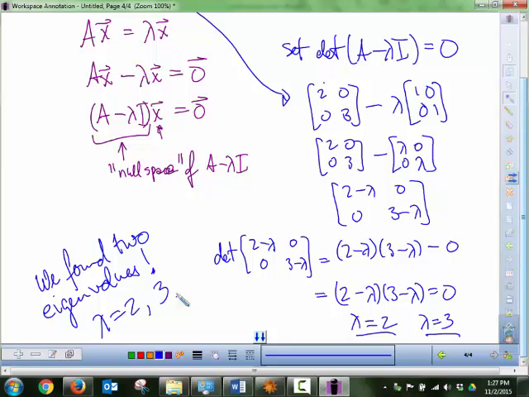Now for each of those eigenvalues, what we want to do is identify an eigenspace, or find one or more corresponding eigenvectors. That's a separate step-by-step process. In our example, we were doing things graphically.